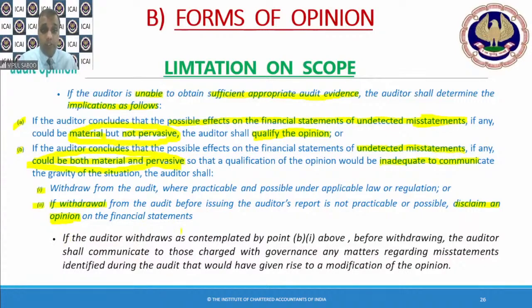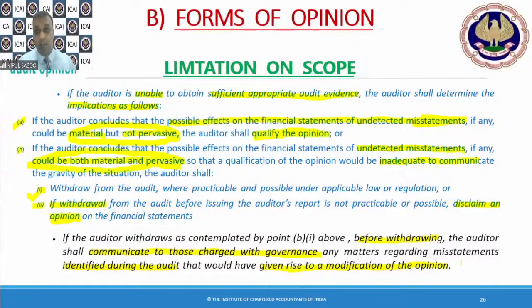If the auditor withdraws, as per point number 1, before withdrawing, the auditor shall communicate to those charged with governance any matters regarding misstatements identified during the audit that would have given rise to a modification of the opinion. He would give justification that I am withdrawing.